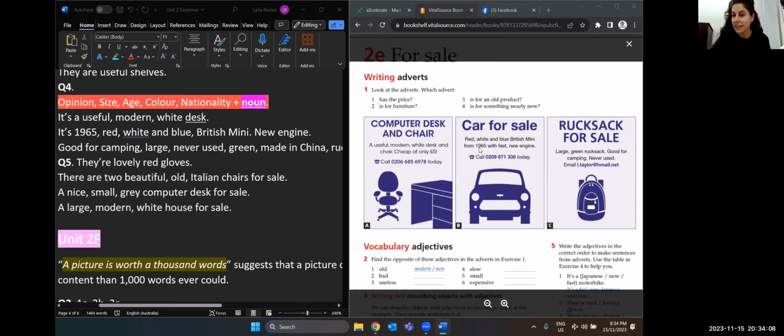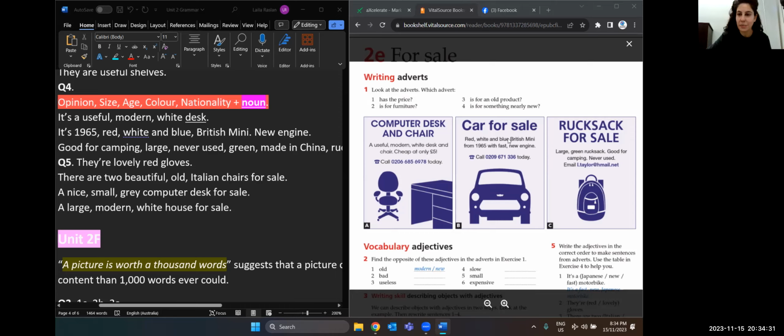Yeah, 1965, or old. Do we have a color for the mini? Red, white, and blue. Do we have a nationality? We do, because it tells us where it's from. So you can just write British or made in England. We don't know exactly, but yeah, British.